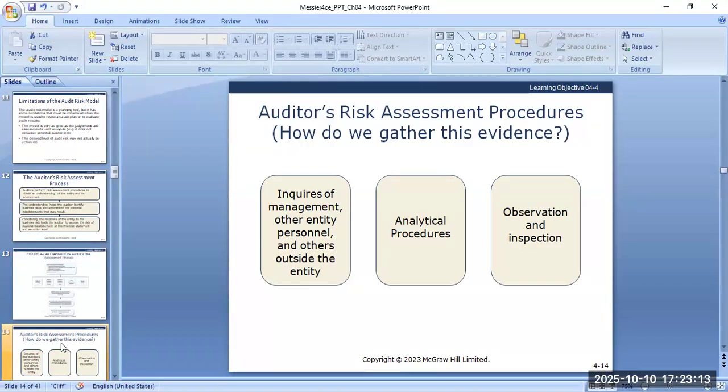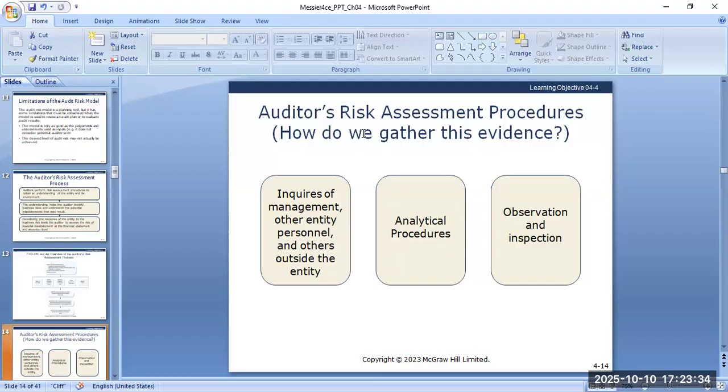Sometimes the companies doing the audit, due to pressure and a lot of other things, might not go directly the way we're explaining the audit process and audit procedures here, but they should.